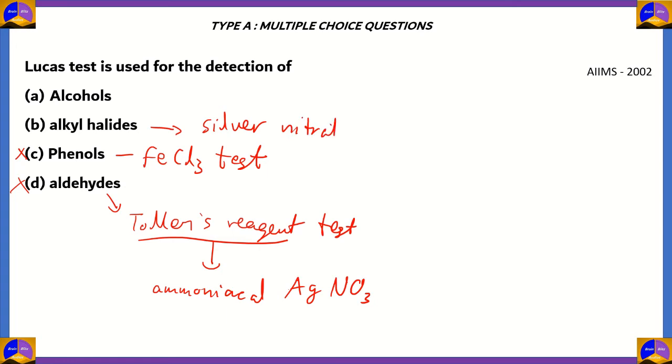This is pure silver nitrate without adding ammonia. So if you use silver nitrate and you get the characteristic color, you have alkyl halides. So option B is incorrect. The right answer is option A, alcohols. Alcohols use the Lucas test, and in the Lucas test they use the Lucas reagent, which is ZnCl2 plus HCl.